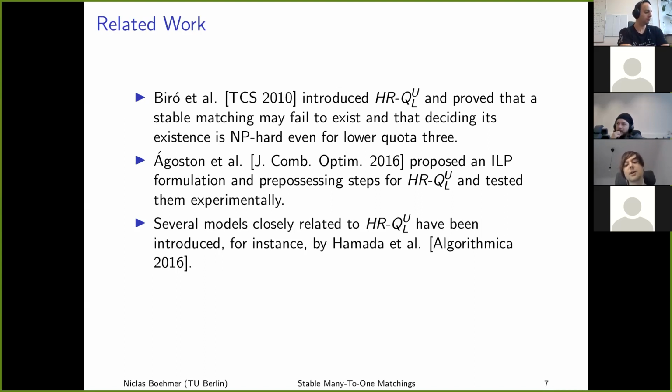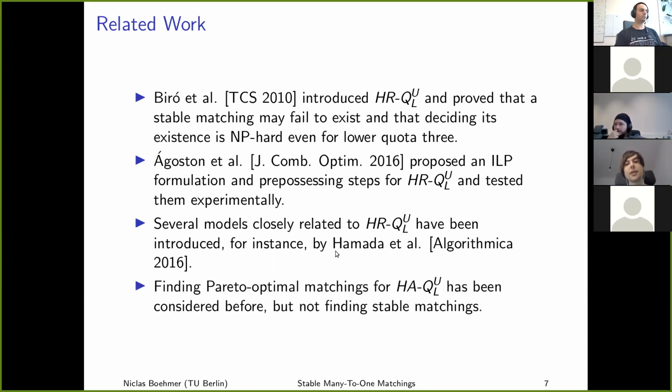For example, there's a paper by Hamad and others who proposed an alternative model where hospitals cannot be closed, so for each hospital, in each matching, we need to match between its lower and upper quota many residents to it, and there is simply no possibility to close it. However, this gives rise to quite different questions from a computational complexity perspective.